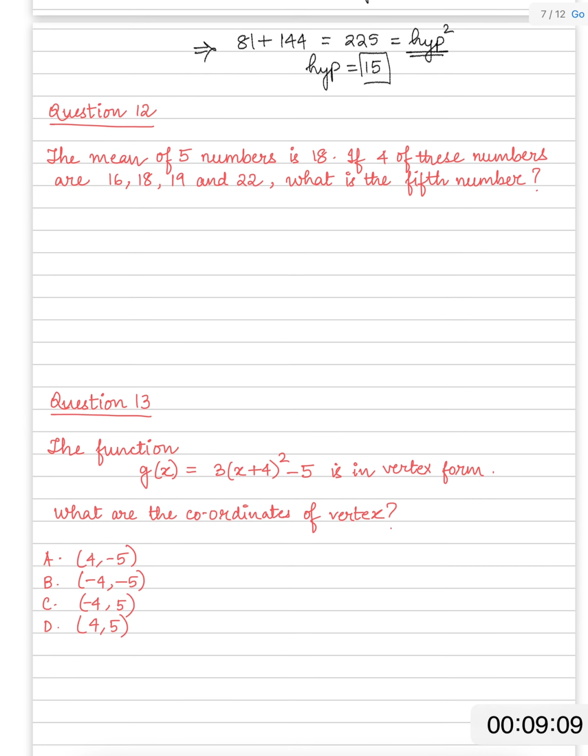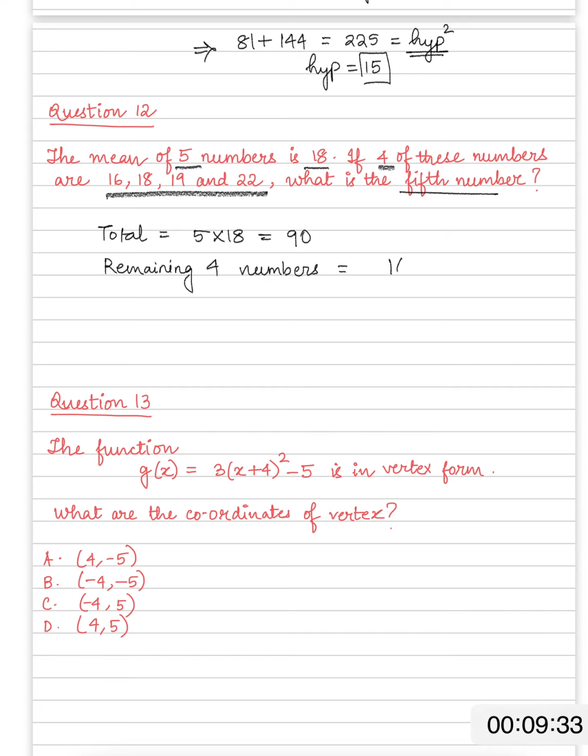Now for 12. The mean of 5 numbers is 18. 4 of these numbers are given. We need to find the 5th number. So the total is 5 into 18. The summation, that is 90. Right? Now remaining 4 numbers, what is the summation of that? 16 plus 18 plus 19 plus 22.